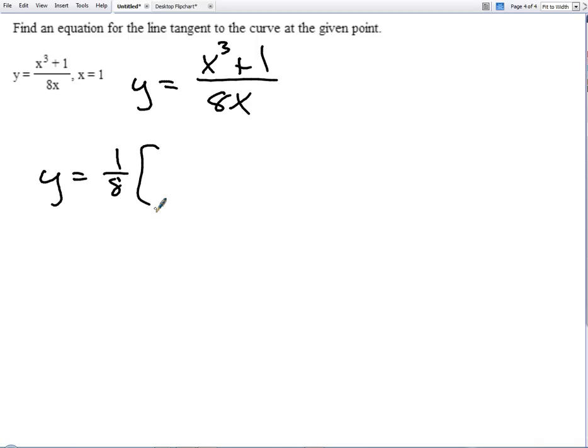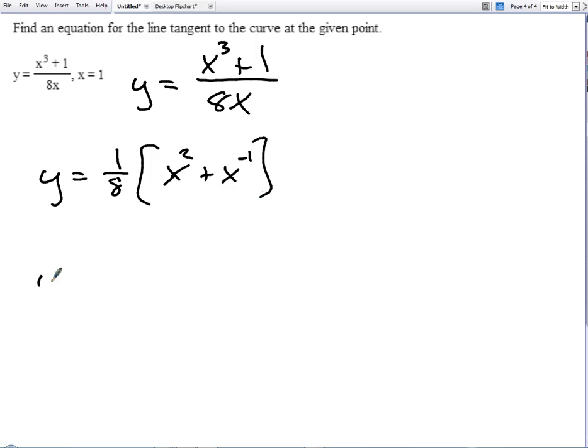Split it. Okay, good. So I've got x cubed over x, which is x squared, plus 1 over x written as a power, so x to the negative 1. There, much easier. Now I can just differentiate term by term and use the power rule.